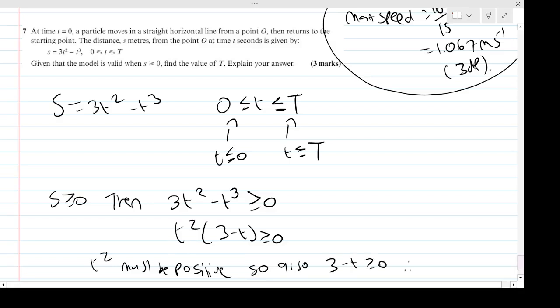So if I solve this, I get 3 is greater than or equal to t, or t is less than or equal to 3, if I flip it. Well, there we are. So therefore, big T has to be 3, right? Because if I sub t for 3 here, that matches with what I've got. So that's the value of big T there.